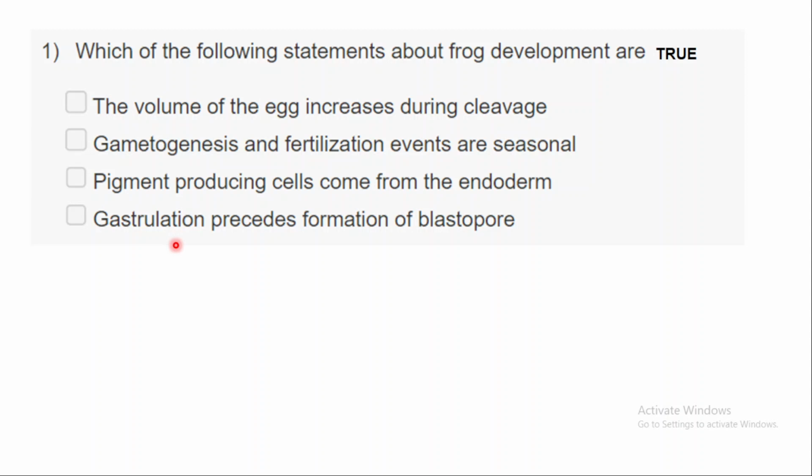It's important to attend your lectures, but if you just think logically, you can answer. What is the statement which is correct about frog development? Some people have already answered. I can see that. Ashwin says option 2. Great.